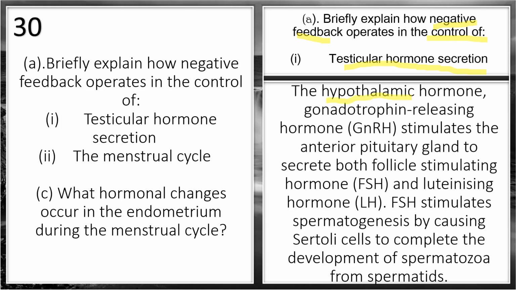The hypothalamic hormone, gonadotrophin-releasing hormone, stimulates the anterior pituitary gland to secrete the follicle-stimulating hormone and the luteinizing hormone. Follicle-stimulating hormone stimulates spermatogenesis by causing the Sertoli cells to complete the development of spermatozoa from the spermatids.